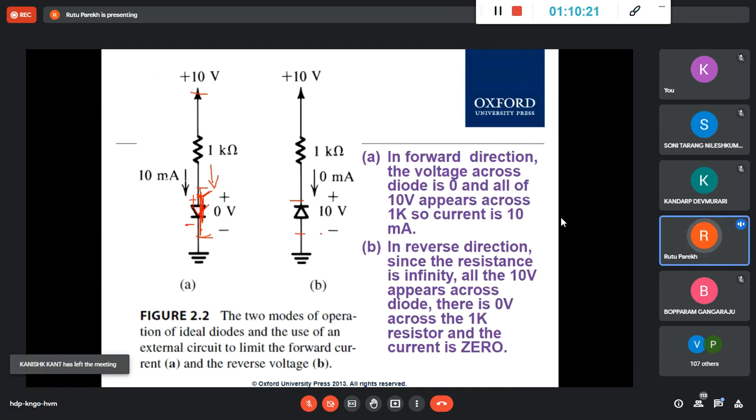This is negative, here this is positive. You write this 10 volt, plus this, and then plus this, and this is equal to 0. If you write this whole thing, this plus this is 0. That's it, so this is equal to minus of this, and this is already minus here, so plus 10 volt.